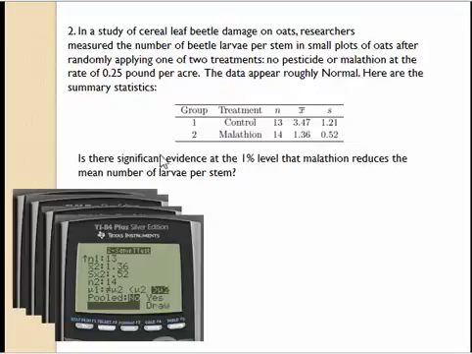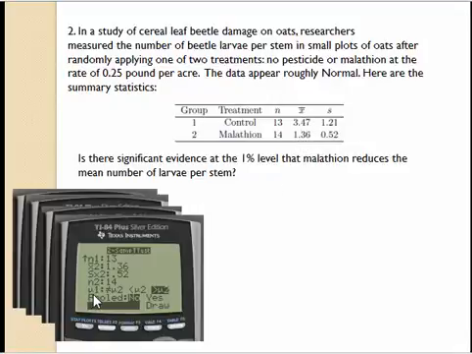Here it's asking whether there is significant evidence at the 1% level that this reduces the mean number of larvae. So we think that in the treatment group, the mean is going to be smaller. It's going to reduce the number. So we expect mu1 to be bigger than mu2, or mu2 to be less than mu1.